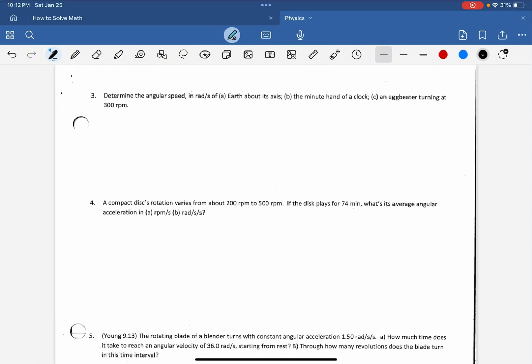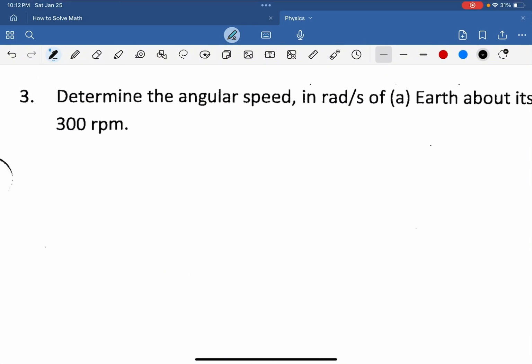Determine the angular speed in radians per second of Earth about its axis, the minute hand of a clock, and an egg beater turning at 300. Okay. Anyways, for A, we said it's 1 revolution per 24 hours.